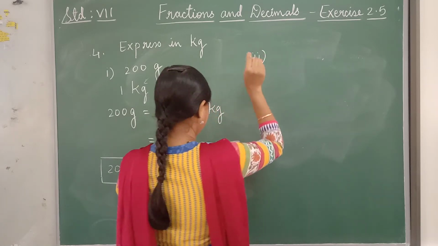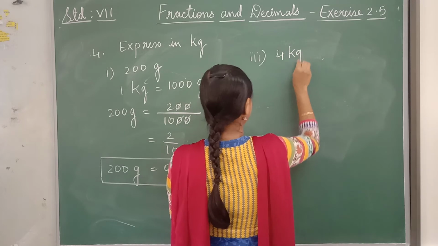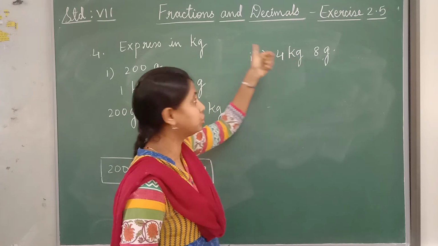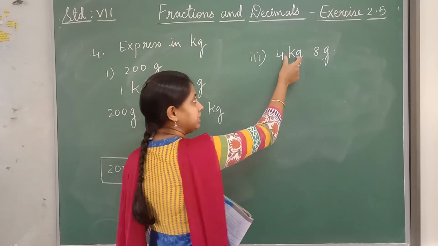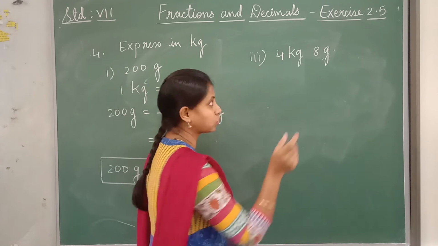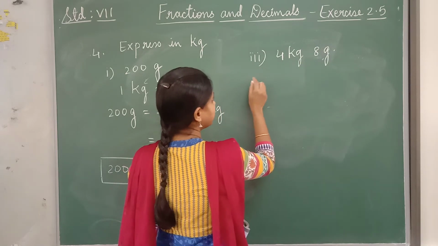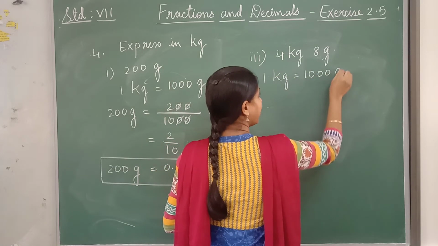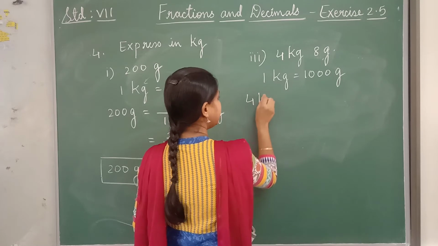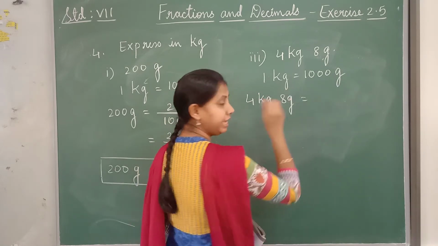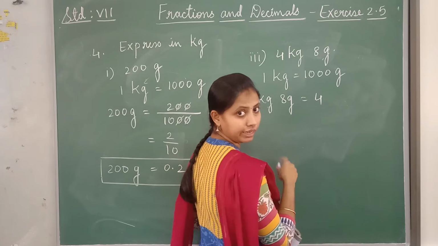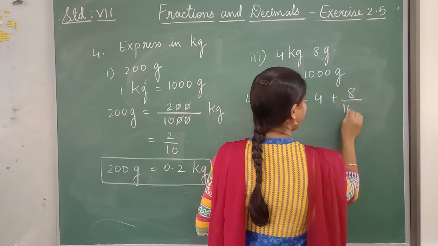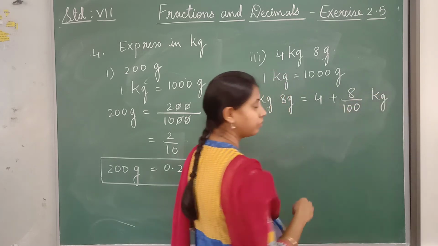The third one I will show you. 4 kg 8 gram. You have to express 4 kg 8 gram into kgs. Yes, kg no need to convert, it is already in kgs. Only you have to convert this gram. Again you know that 1 kg is equal to 1000 gram. So 4 kg 8 gram will be equal to 4 kg, as it is already in kg, plus 8 gram, how to convert? 8 by 1000.